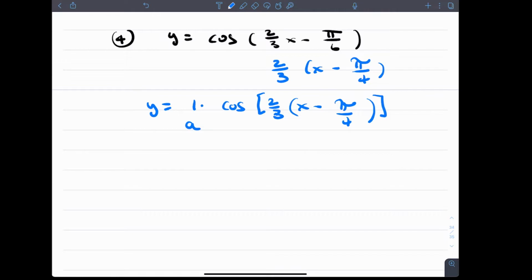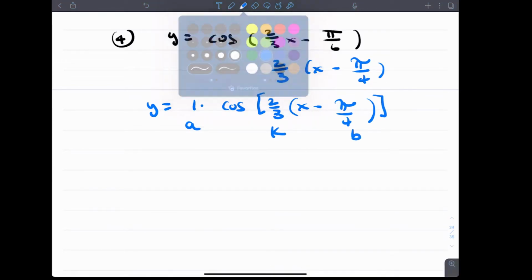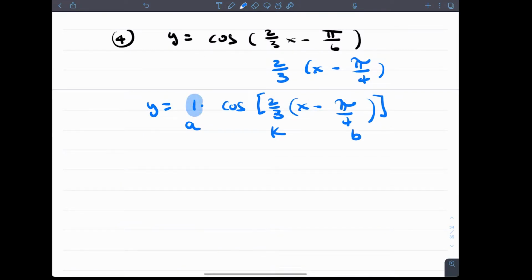A, what's this? K and B. So A, K, and then what? And phase shift. Because it's always what? X minus. Whatever comes after that minus is what B is. Okay, you guys okay with that? That's always a question that people have.